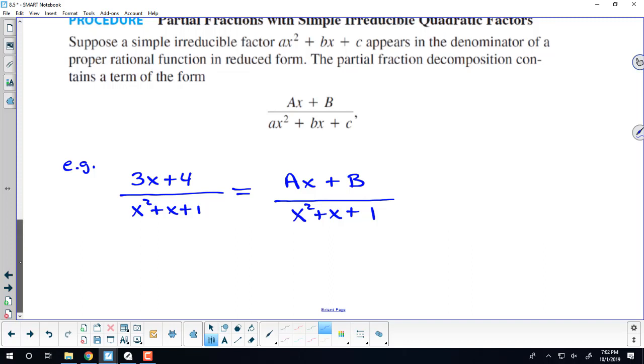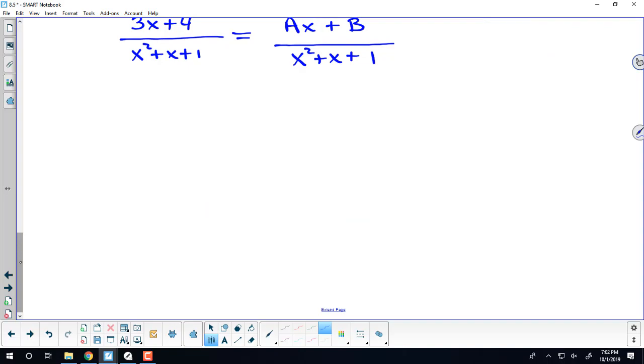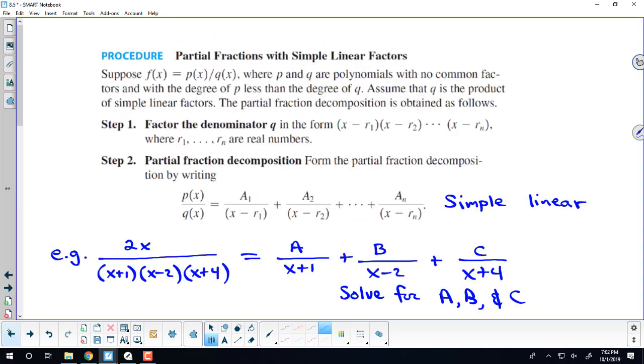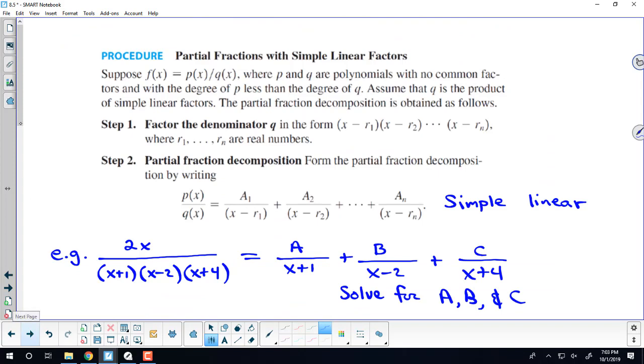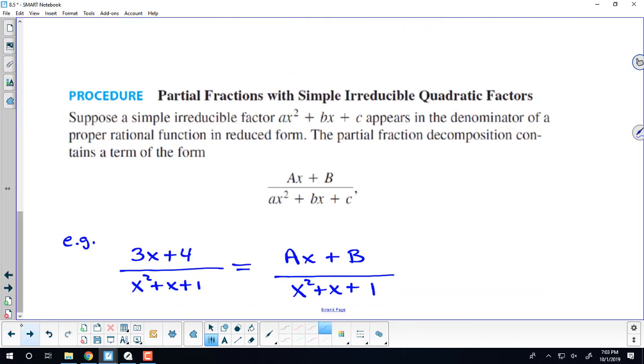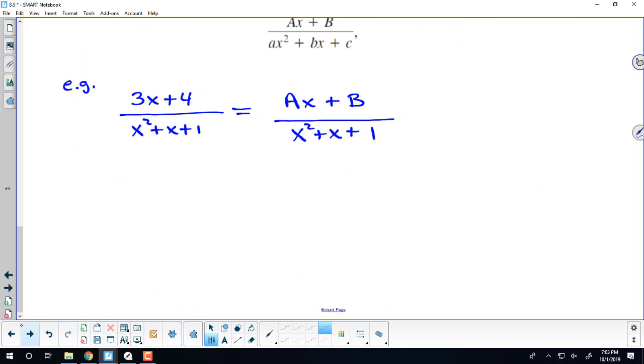And your textbook, I don't think, mentioned repeated irreducible quadratics, but we can mention that.